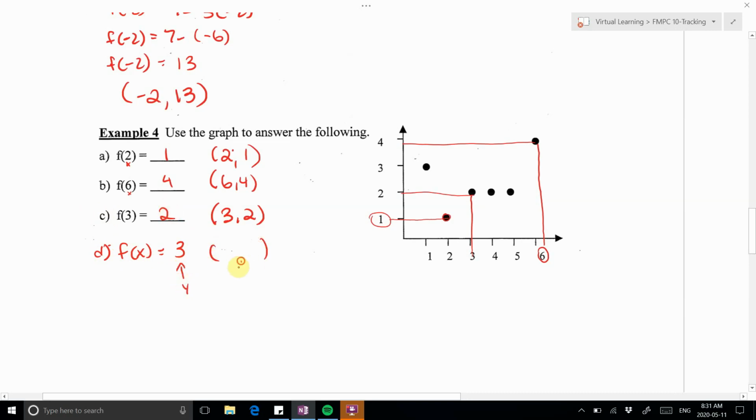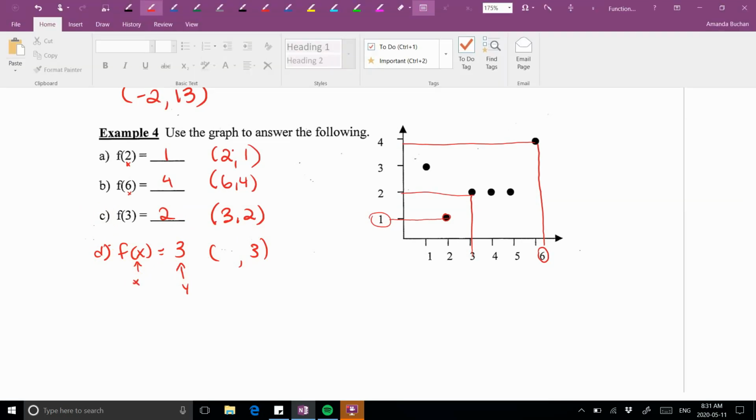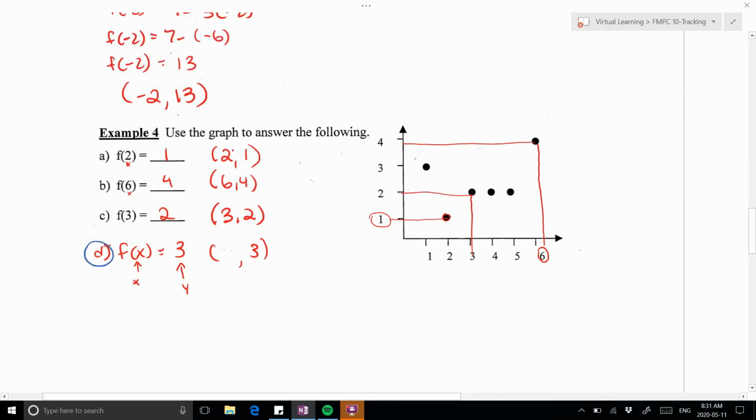So I'm looking for the point when y is 3. So for this one, I'm just going to swap colors so we can actually see this. We're going to actually go to y is 3 to figure out, oh, well, that's at positive 1. So f at 1 is 3. Okay?